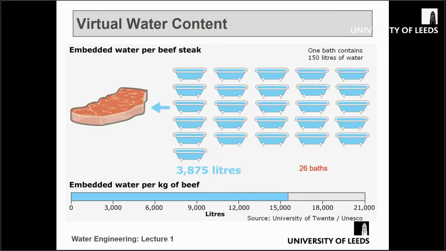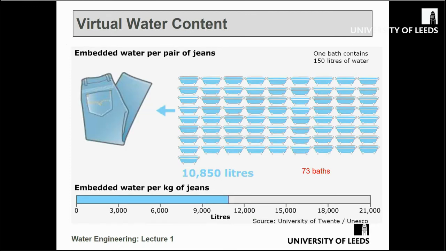Some beef, quite a lot of water there, 3,800 litres. 26 bathtubs. A pair of jeans, this was surprising to me, 10,000 litres. All the cotton irrigation of the plant to make a pair of jeans. And we buy and throw these away, don't we? After using them, of course.